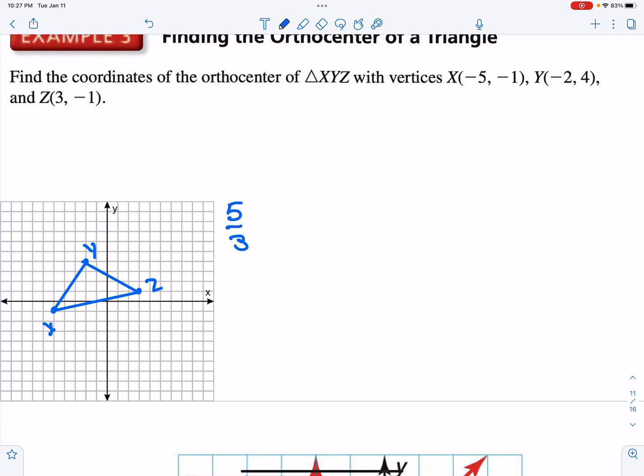Now, if I look at the rise over run for my other line, from Y, my y is 4, down to -1. I should have put that down. It's 3, -1. It's right here. Sorry. That might make it a little easier. We'll see if we can't make this work.